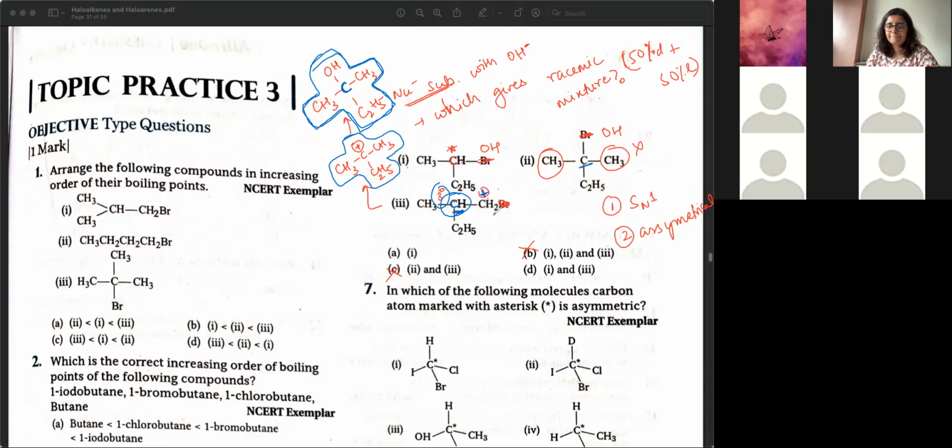If bromine is substituted, even before rearranging, that carbon is not chiral because there are two hydrogens. But that's not what is happening in reality. That's the whole point of learning about mechanisms: because there is a stable alternative, it is going to rearrange and go towards that stable alternative.